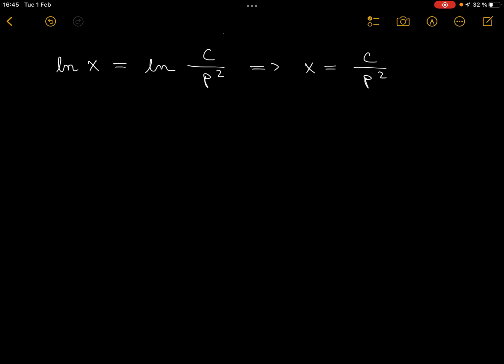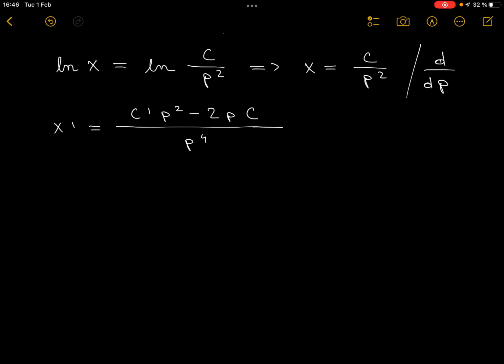So we're going to differentiate both sides with respect to p, and then we'll get that x prime is equal to, and we're going to have to use the quotient rule, over p to the 4th power, c prime times p squared minus c times 2p.